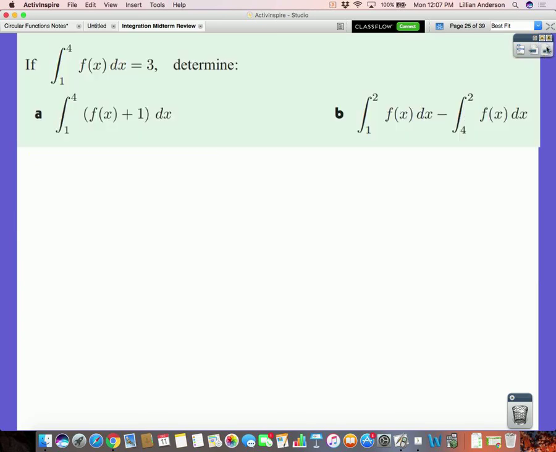But you have several of those. You also have ones like this where they give you the area, and then you have to find other adjustments to it. I want you guys to do both of these, A and B, on your boards.